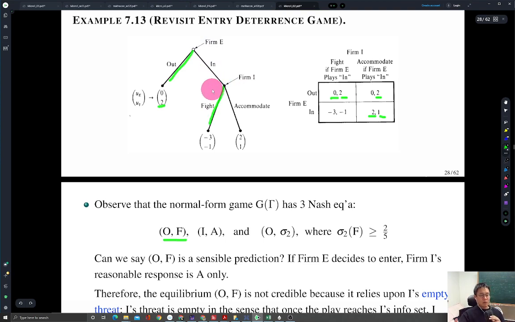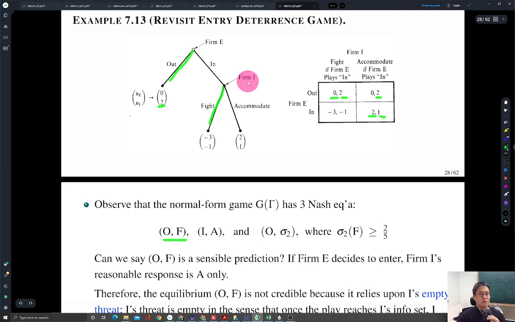So if that threat works, so if the entrant plays stay out as desired, then the payoff is realized. So 0 and 2 are realized as desired. But what if the entrant disregards that threat and decides to enter the market? Originally incumbent I has a plan to fight.